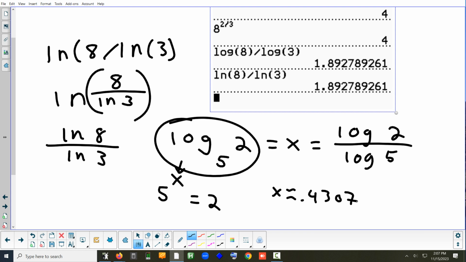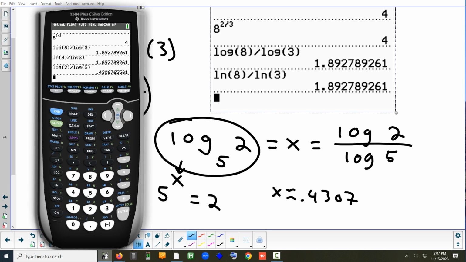Raise 5 to the 0.4307 power. I got 2.000007. How come I didn't get 2? Probably because it rounded the 07 up. Yeah, because I rounded the answer to 4 decimal places.